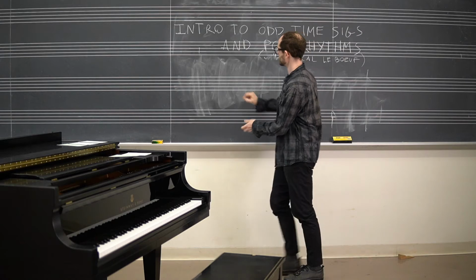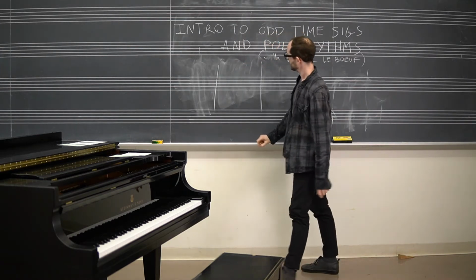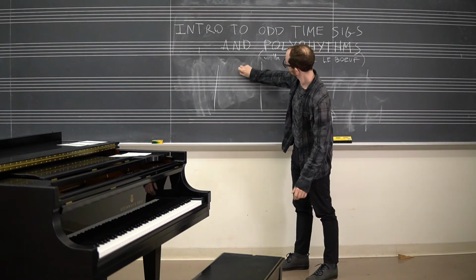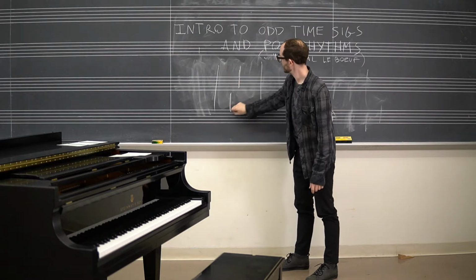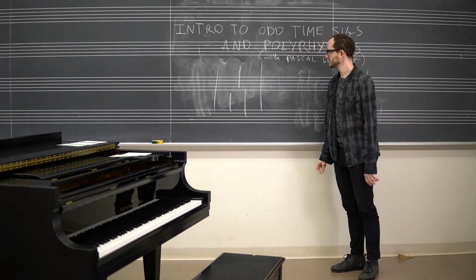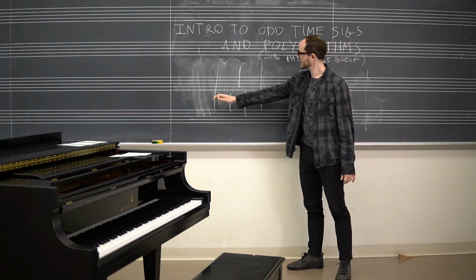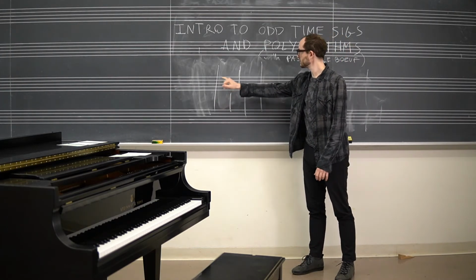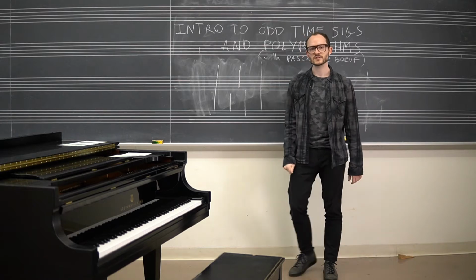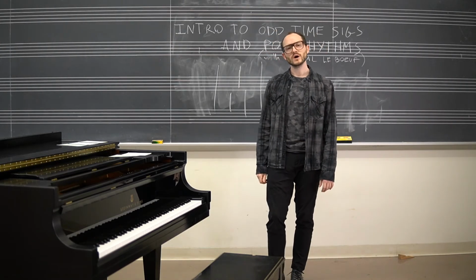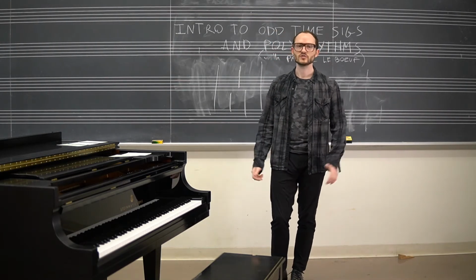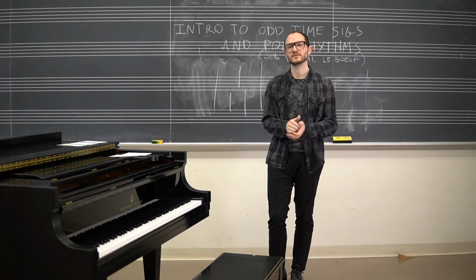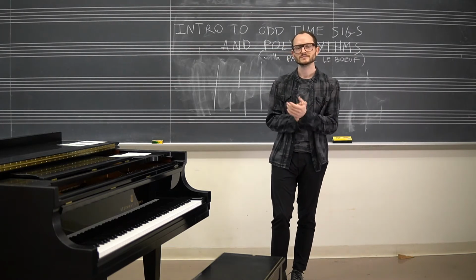So if I have this much space, I can divide it into 2 parts, or I can divide it into 3 parts. And the way this would sound would be 2 over 3. So if you're in 3/4, 1, 2, 3, 1, 2, 3, 1, 2, 3.